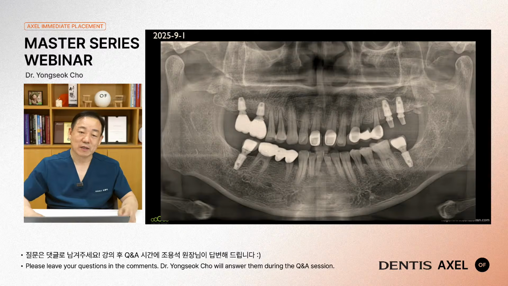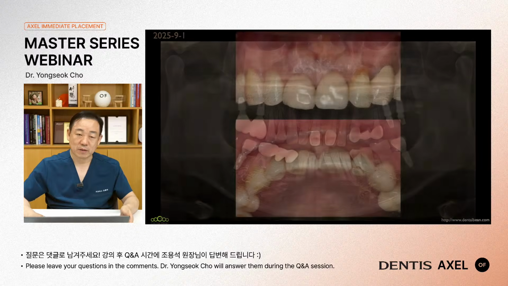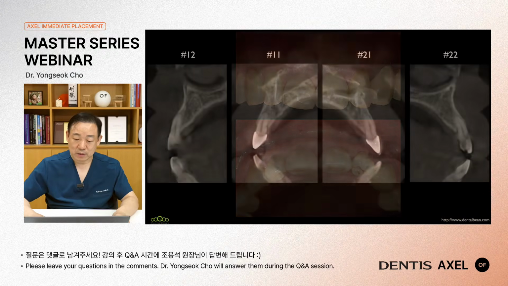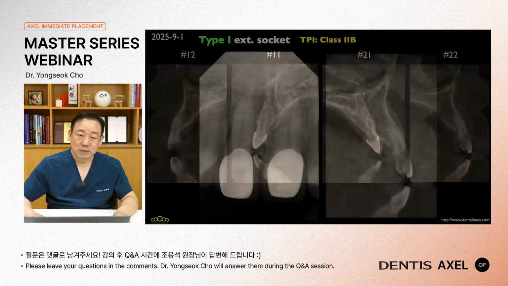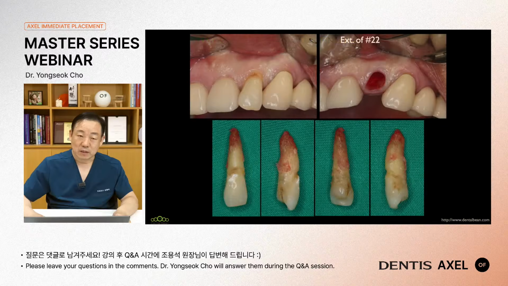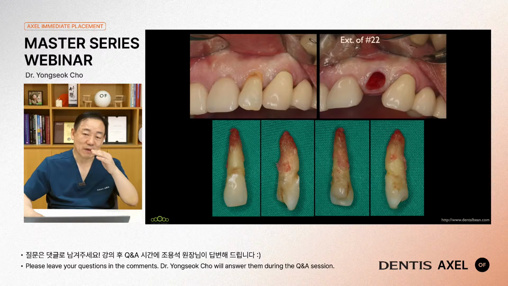However, clinically the mobility was very severe, more severe than the radiographic image suggested. Number 22 was a type 1 extraction socket, and TPI was class 2B. There was a deep pocket on the labial side. Although it didn't display well in the radiographic image, the labial deep pocket exists.